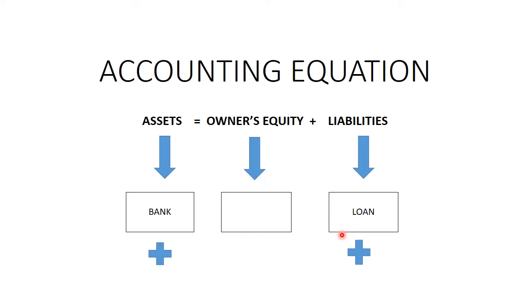That means if you have borrowed 5,000 rand, it will be plus 5,000 plus 0, which is nothing, equal to plus 5,000. So positive 5,000 is equal to positive 5,000. That's exactly what we mean when we refer to an accounting equation: your assets are equal to your owner's equity plus liabilities.